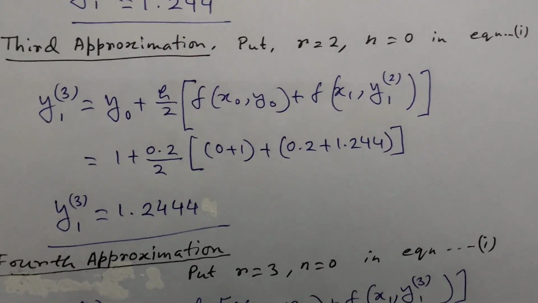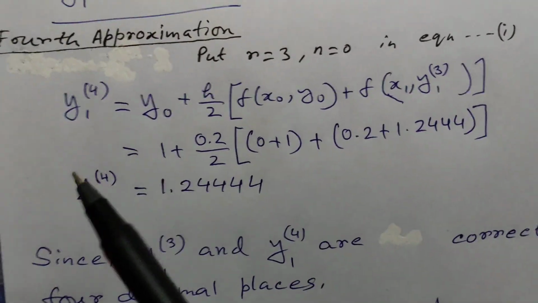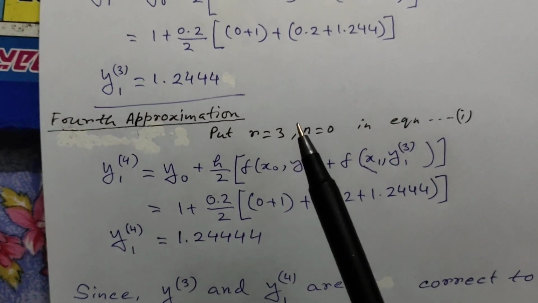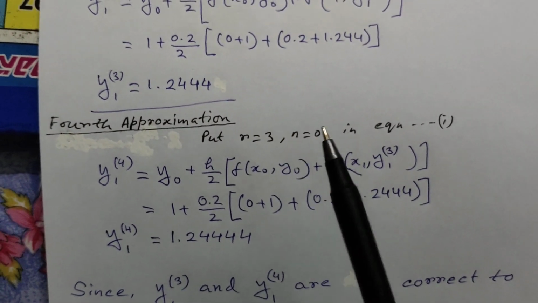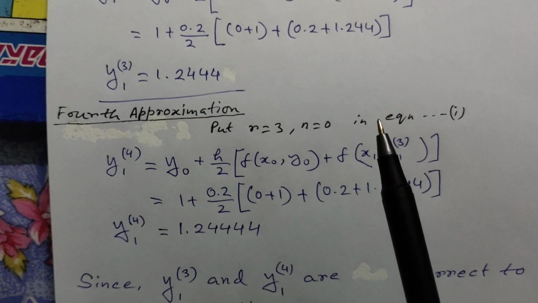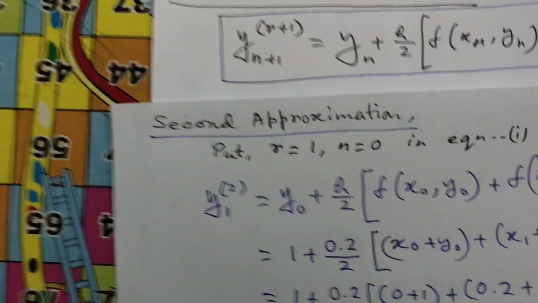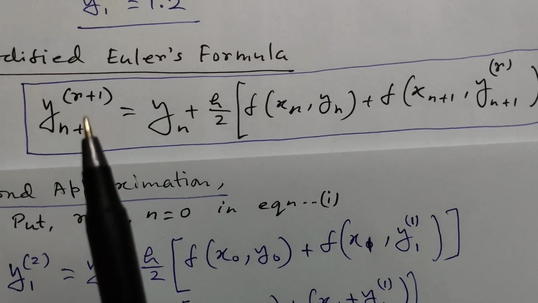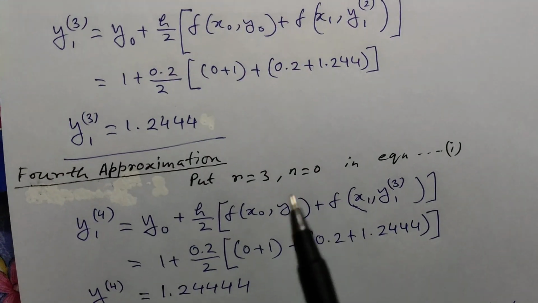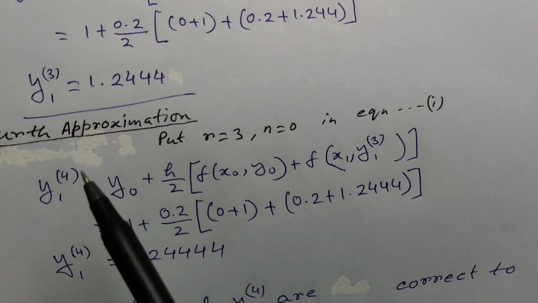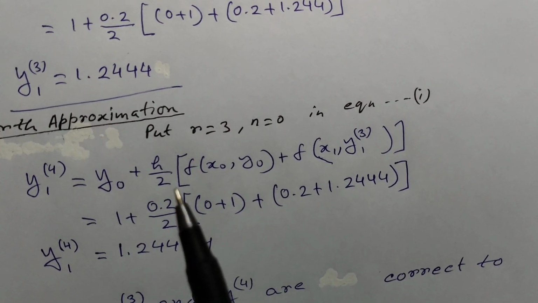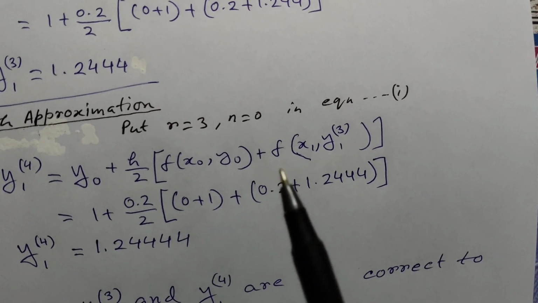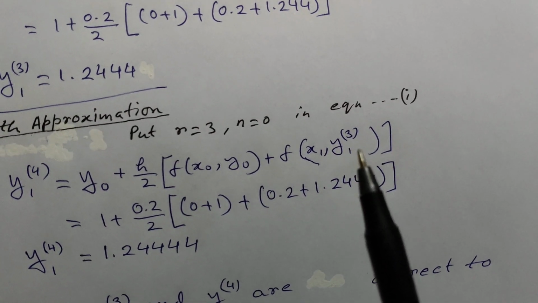Now for the fourth approximation, put r equals 3, n equals 0 in equation 1. Equation 1 is this one. y1^(4) equals y0 plus h by 2 [f(x0, y0) plus f(x1, y1^(3))].